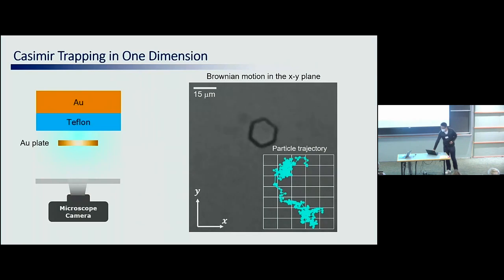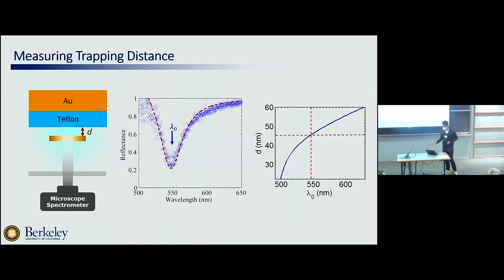To quantify this phenomenon, we can measure the distance between the gold plate and the Teflon, so that we know it matches our Casimir calculation, indicating a Casimir force trapping. We measure it through optical interference, where you can think of this gold plate and the Teflon as forming an optical cavity, and there is a resonance effect.